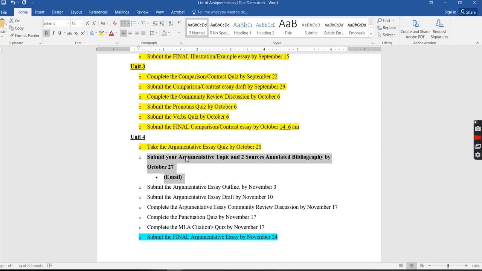This is more about you sending me this through email, so that I can verify with you if that is correct or not, if that's a good topic. Okay, I want to feel like you are passionate about the topic. If I feel like you just picked one off the internet and are just kind of thinking about it, then I would advise you, personally, to find one that you feel more passionately about.